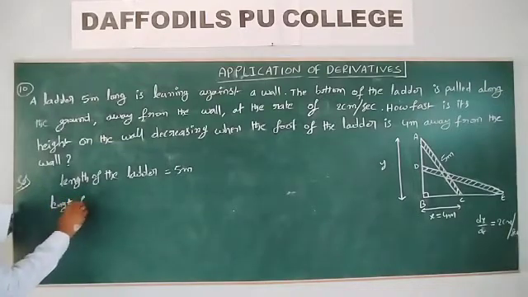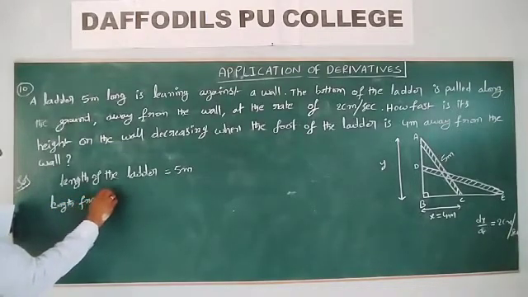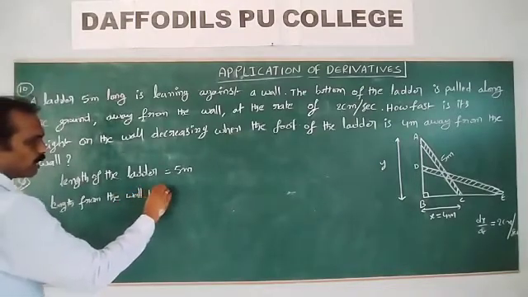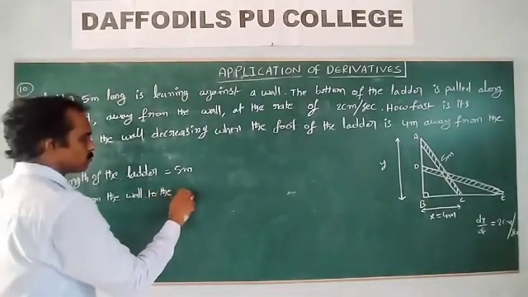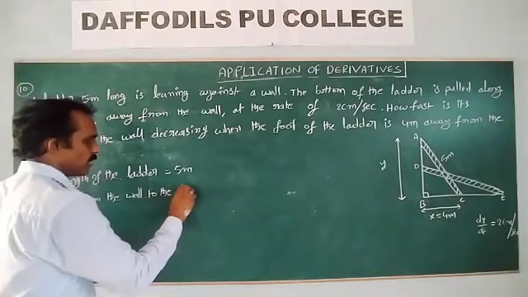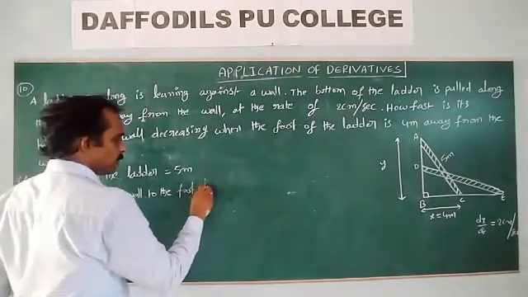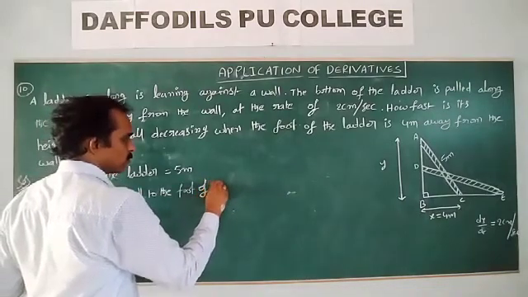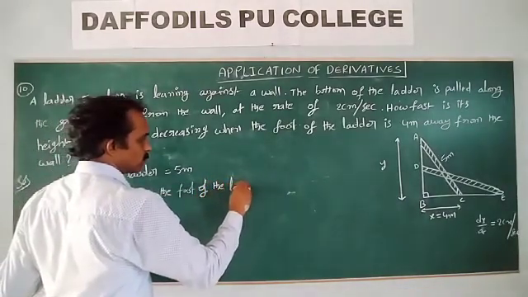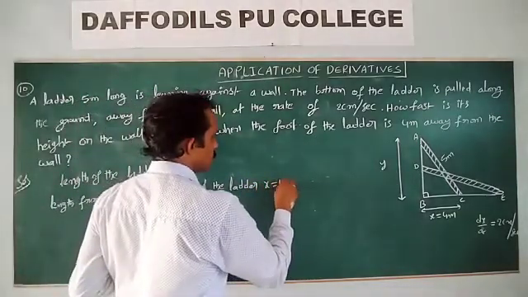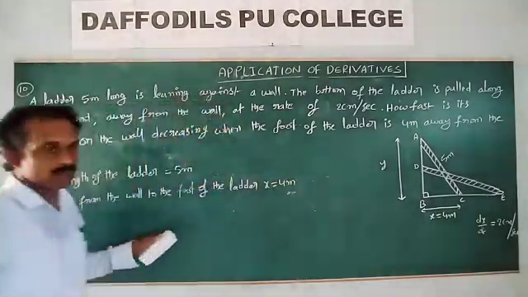Length from the wall to the foot of the ladder, x, is equal to 4 meter.